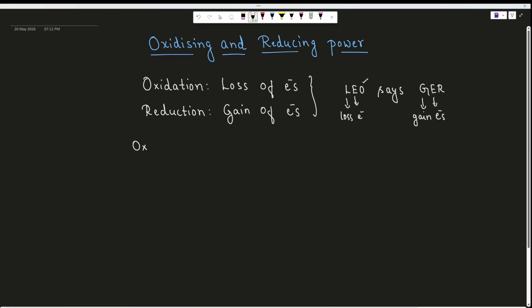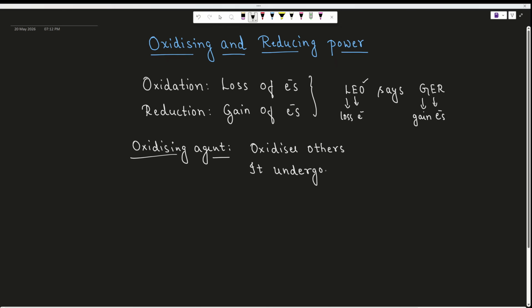Now when I say oxidizing agent, it's an agent which oxidizes others, that is other elements, and it undergoes reduction.